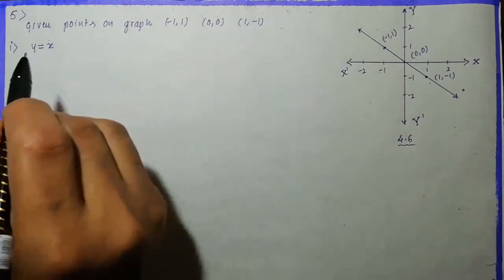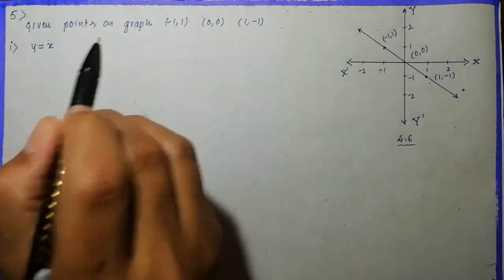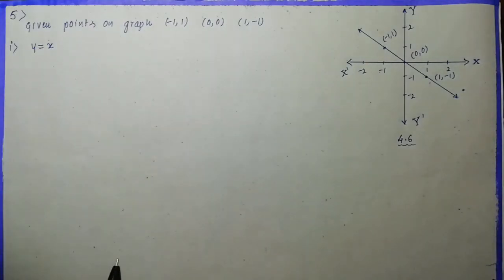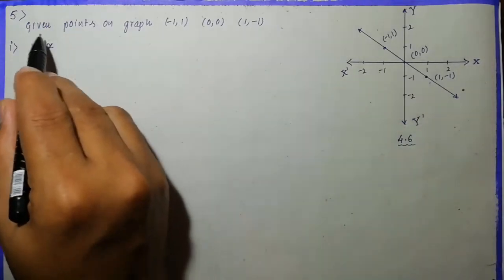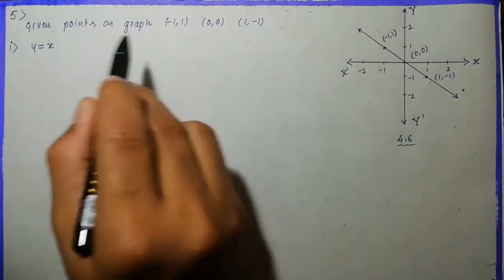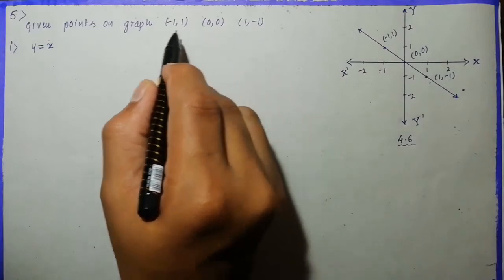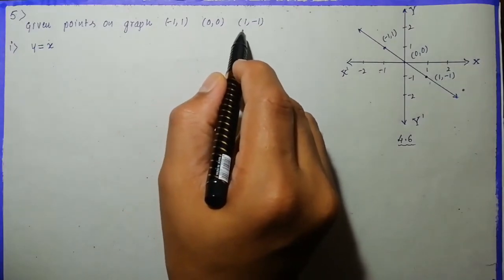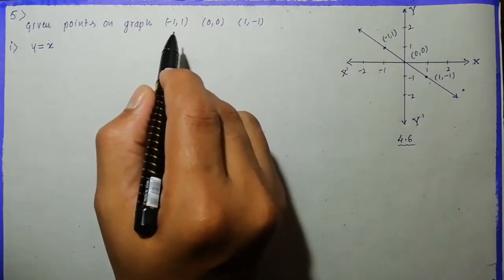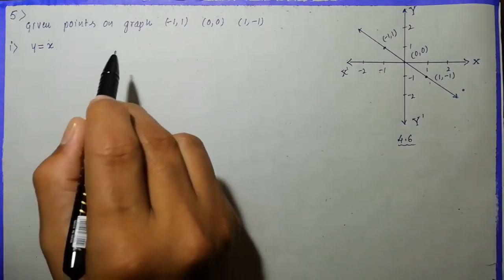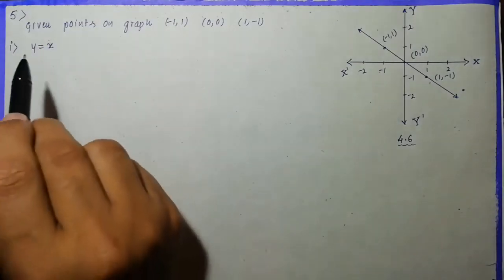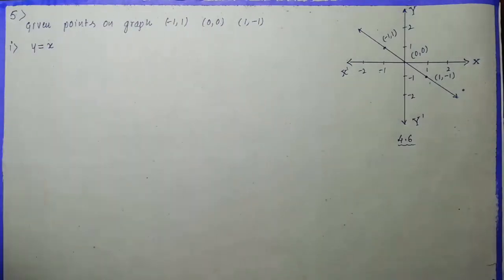Then only it is the right option, otherwise it is the wrong option. If it satisfies for 2 points but not for 1, then it is not the right answer. Remember, this equation should be satisfied for all the points, then only it is the right answer.